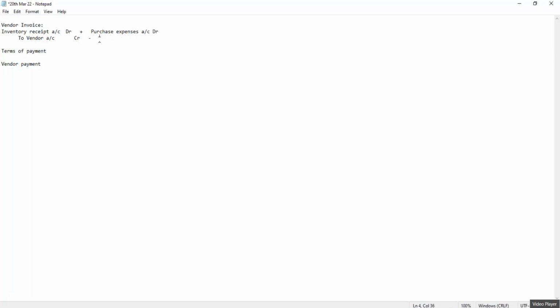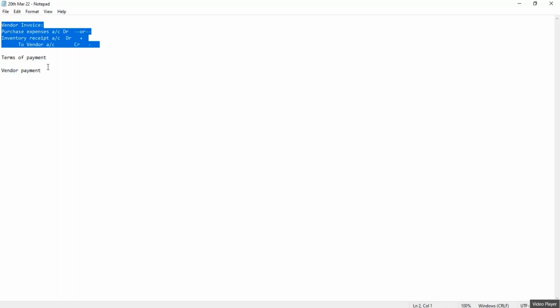So whenever you are doing vendor invoice, either purchase expenses account debit to vendor account credit, or inventory receipt account debit to vendor account credit. Either one you can do. So this is invoice posting.